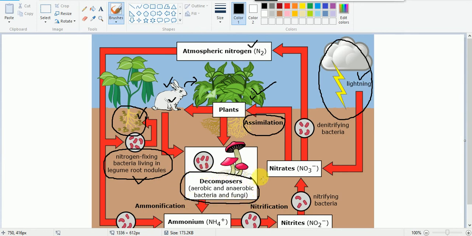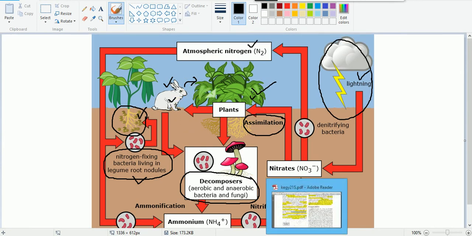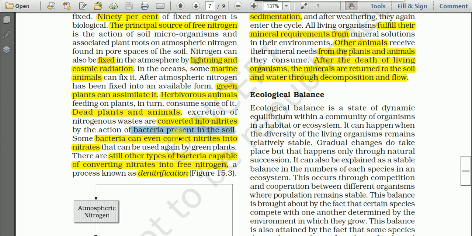Because of that, the nitrogen found in the animals and the plants, and from the excretion of nitrogenous wastes, meaning dung, for example cow dung, is converted into nitrites by the action of bacteria.